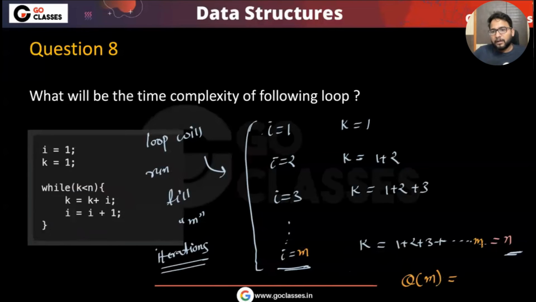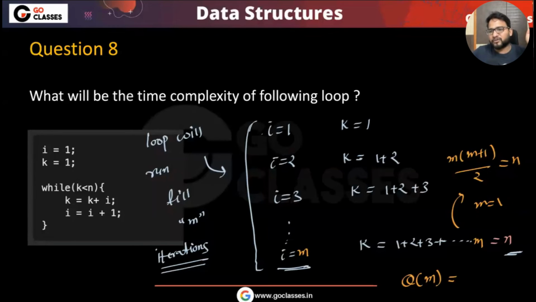But from here, you can easily find out that m is square root of n, right? If you find that m into m plus 1 by 2 equals n, then to get m in terms of n, even if I solve this quadratic, it will be m equal to square root of n, plus minus divide by 2 or something, whatever it is, doesn't matter.